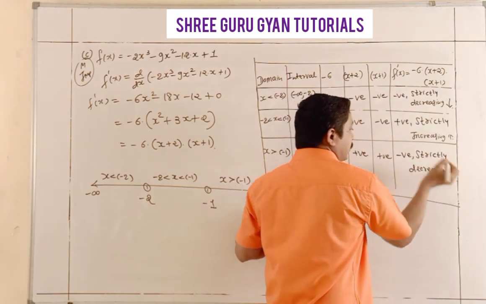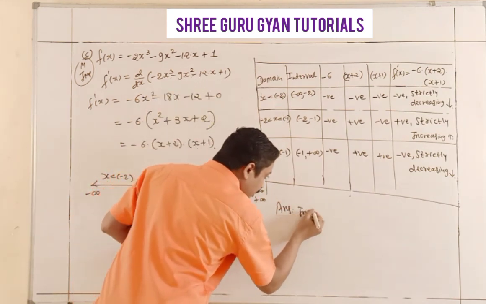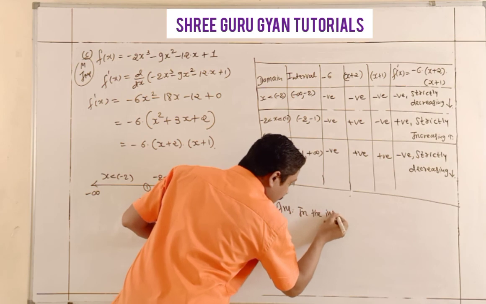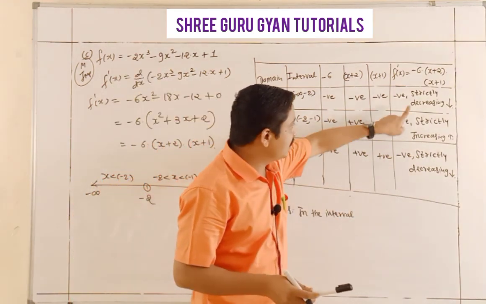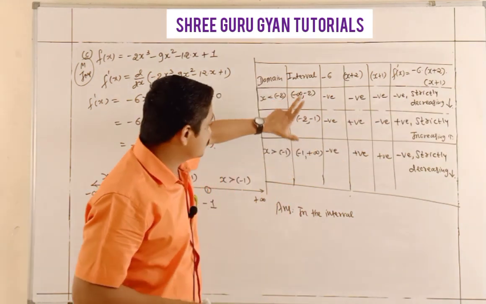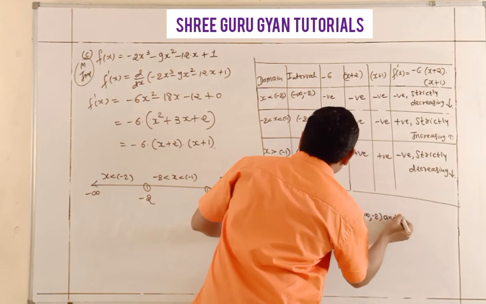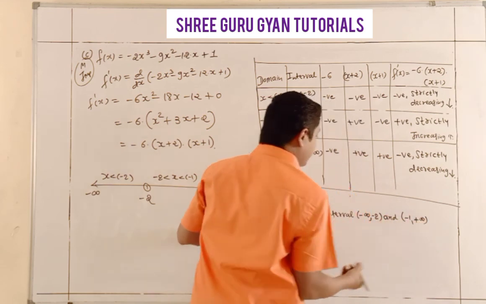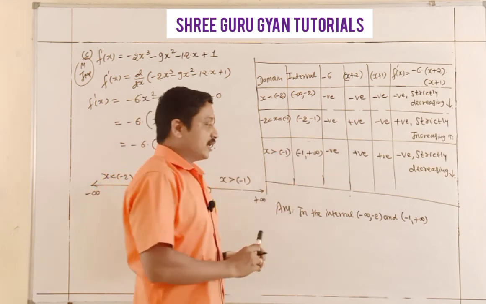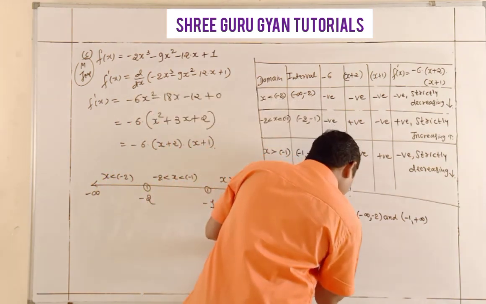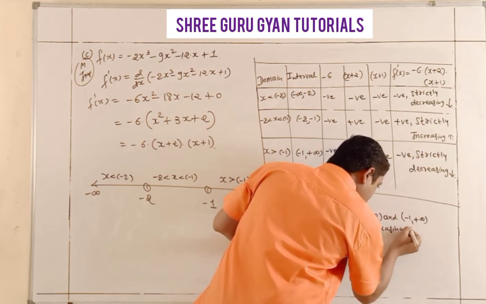That's your decreasing function. So in the interval, I first write down decreasing in the first and third: minus infinity to -2 and -1 to plus infinity. These are strictly decreasing functions.